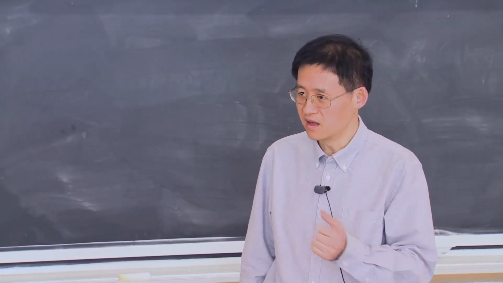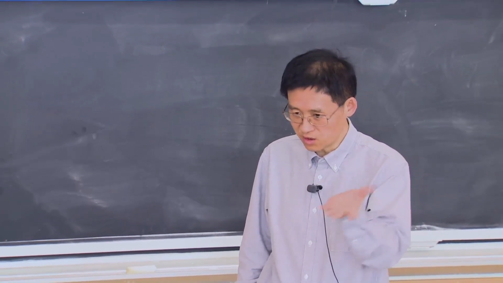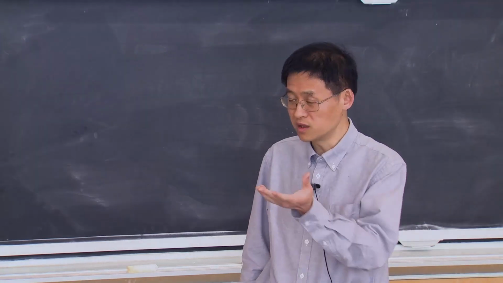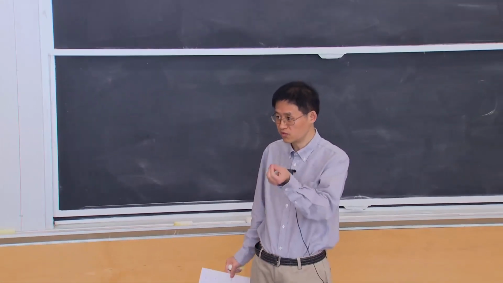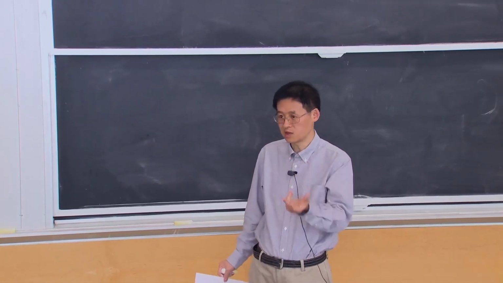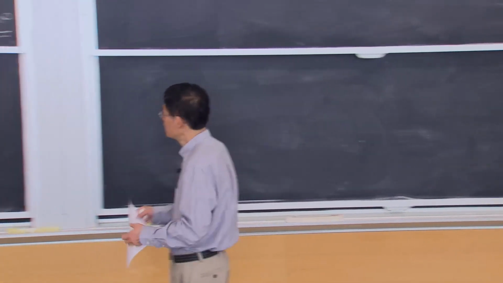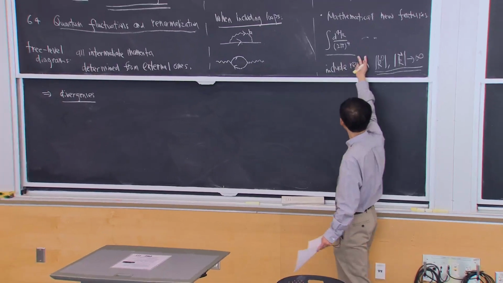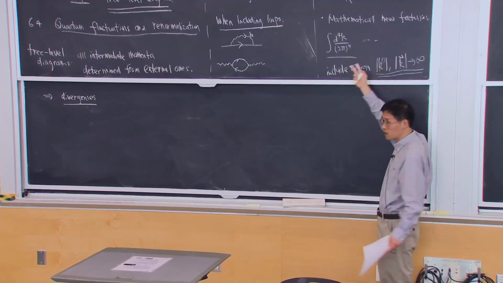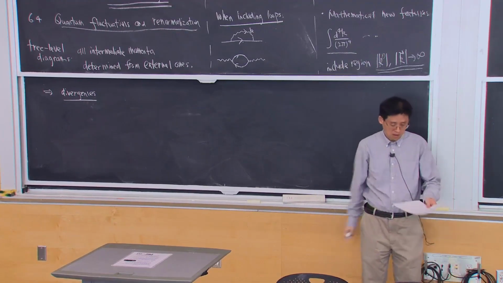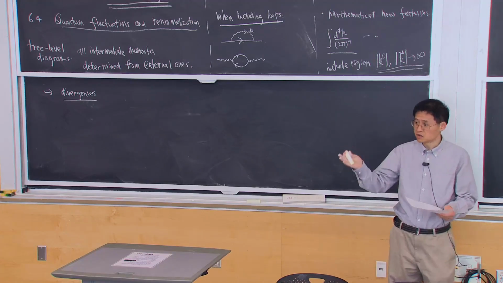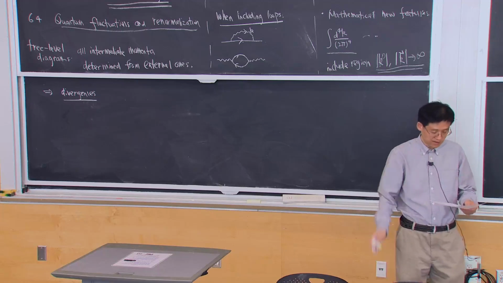When you multiply by an infinite constant, you can always take the ratio and those infinite constants go away. Or you can subtract the infinite constant and redefine your energy, redefine your charge, etc. But in these diagrams, the divergences are much more complicated because they come from integrating a complicated expression. So those divergences cannot be simply removed by adding or removing a constant or multiplying by a factor.